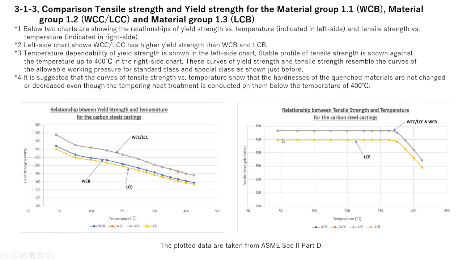The yellow curve is for LCB. LCB has a still lower tensile strength over the whole temperature region.